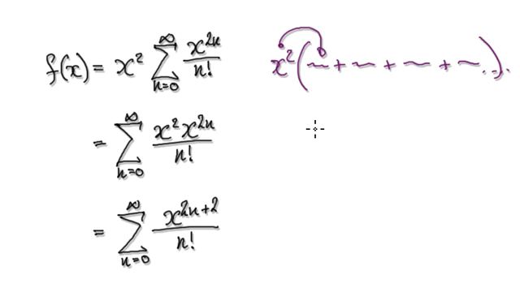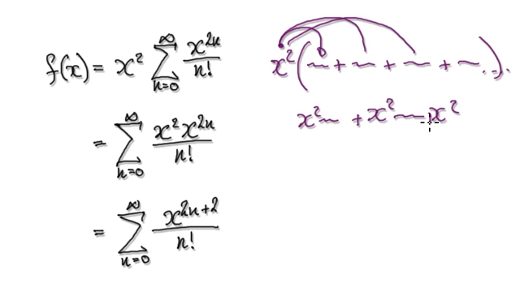So when you multiply this out, this will become x squared times something plus x squared times something plus so on. The point I'm trying to make is that you can actually push the x squared into here.